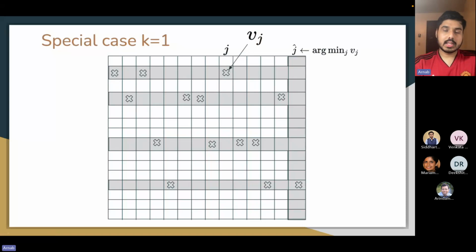The next step is to find that column j hat which minimizes this value Vj, the argmin over j of Vj, and then I'll query all the entries in this column.